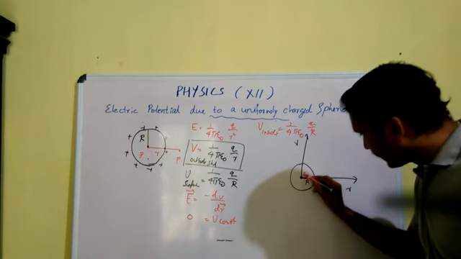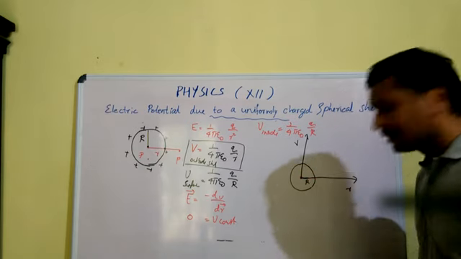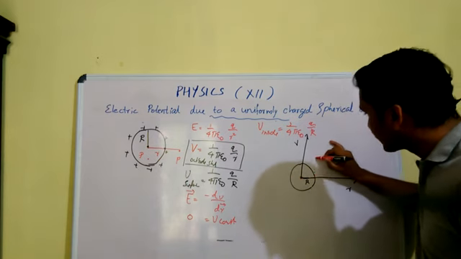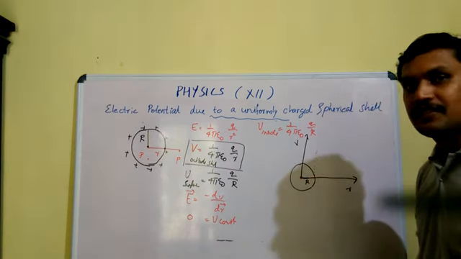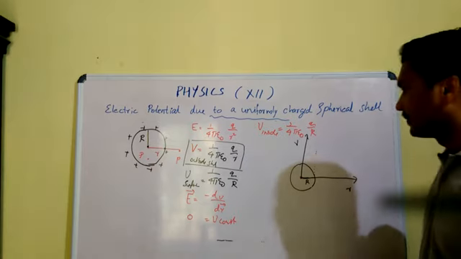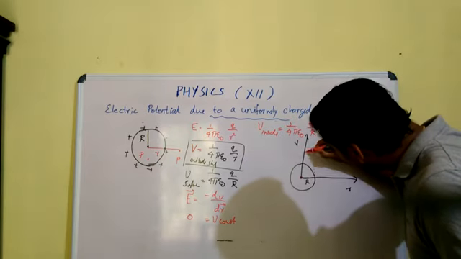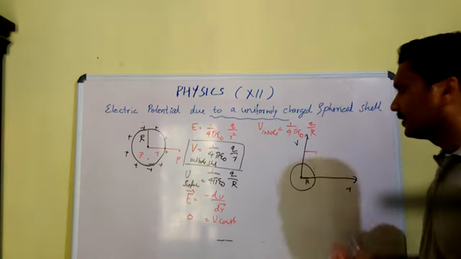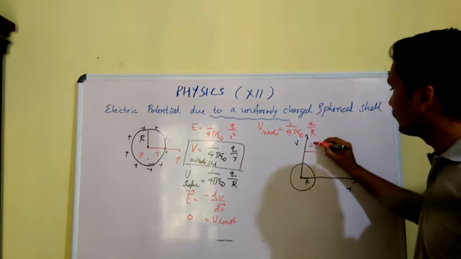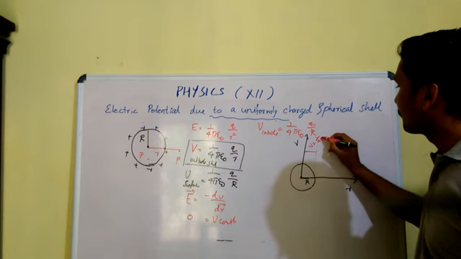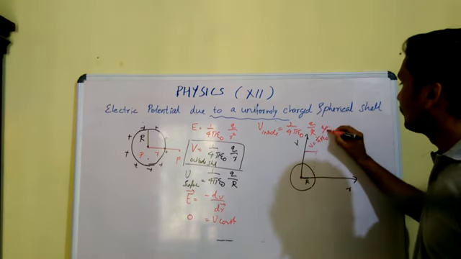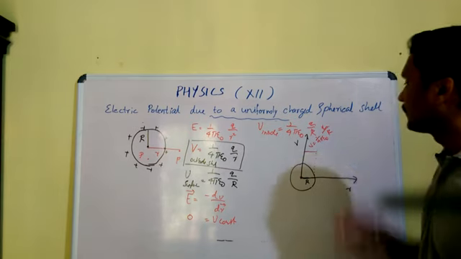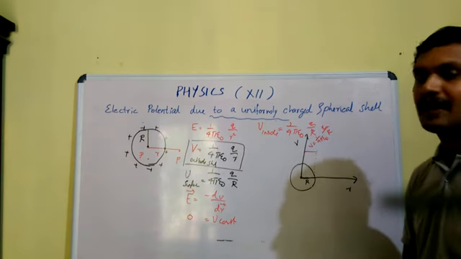Inside the shell, up to the surface, V is constant and at its maximum value, V equal to 1 by 4 pi epsilon 0 Q by R.